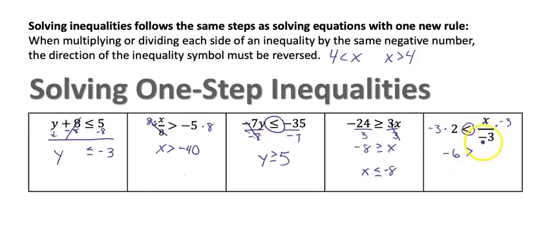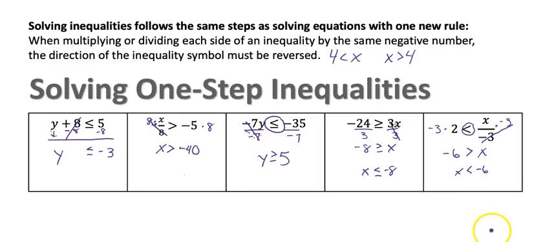Reverse. Then I still have an x on the right-hand side. Now wait a second, the x is now on the wrong side. We need it on the left. So we're going to go ahead and flip, flip, reverse. So my final solution set here is x is less than negative 6.